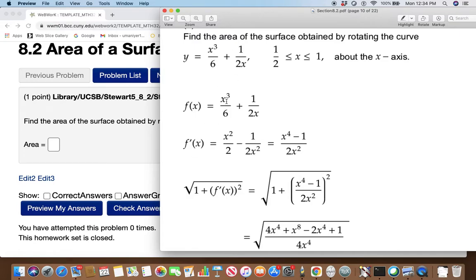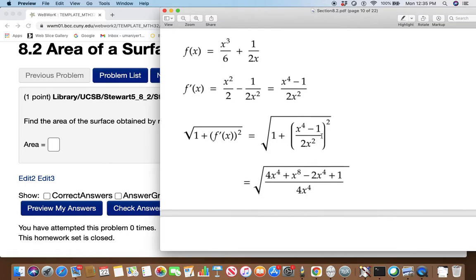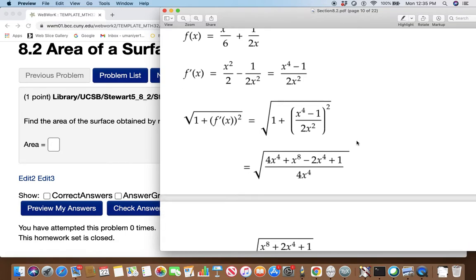So the derivative is x squared by 2 minus 1 over 2x squared. Take common denominator of 2x squared, you get x to the fourth minus 1. Square root of 1 plus f prime x squared is square root of 1 plus x fourth minus 1 over 2x squared, quantity squared.